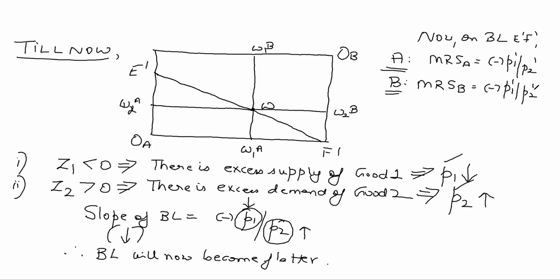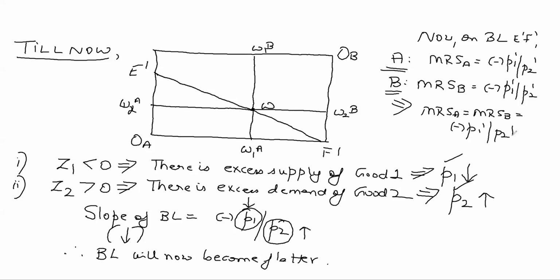So what do we learn from these two equations? These two equations imply that MRS A is equal to MRS B is equal to minus P1 dash by P2 dash.